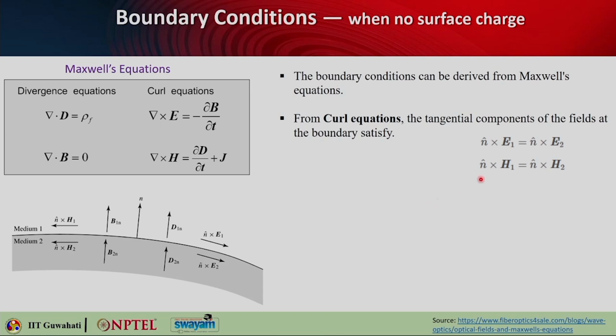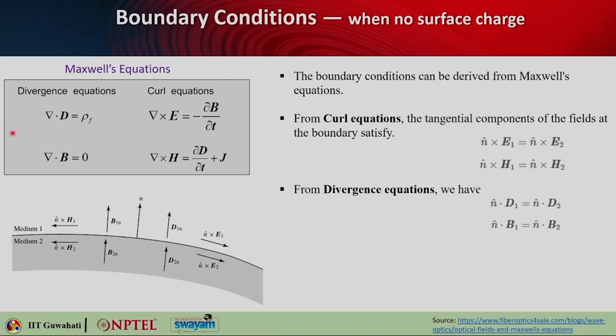Similarly, n cap cross H1 should be equal to n cap cross H2. In simple words, you can say that the tangential magnetic fields, HT1 should be equal to HT2, and ET1 should be equal to ET2.